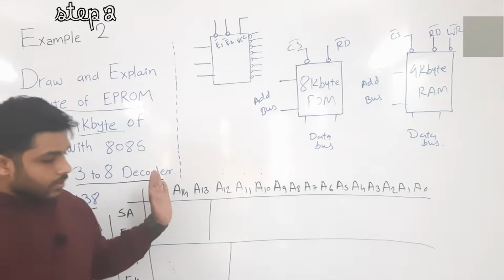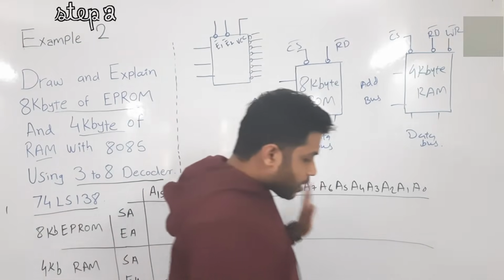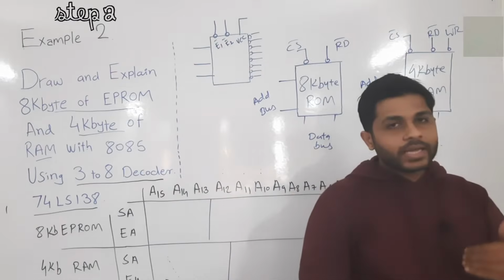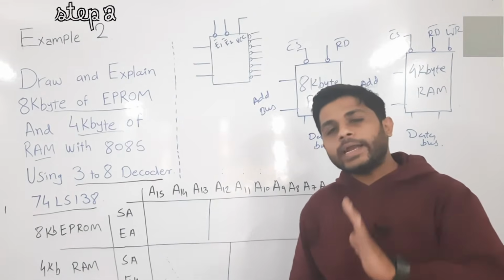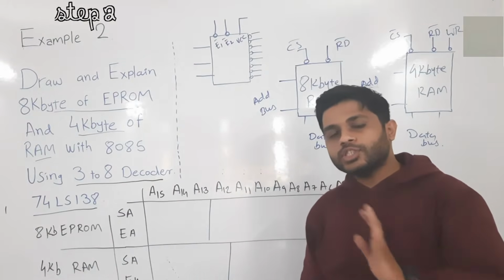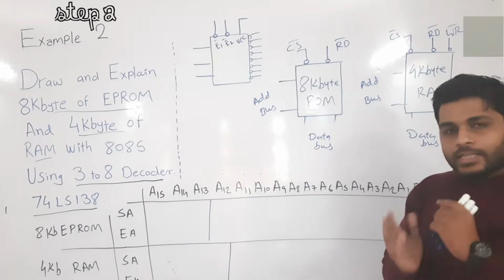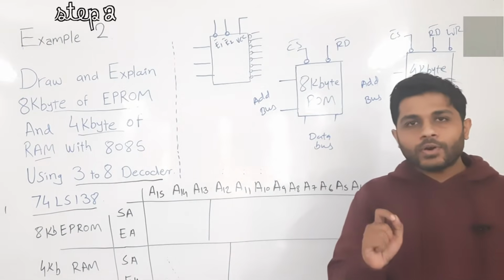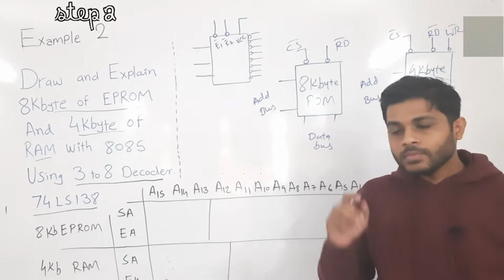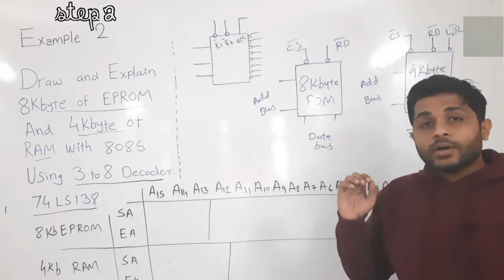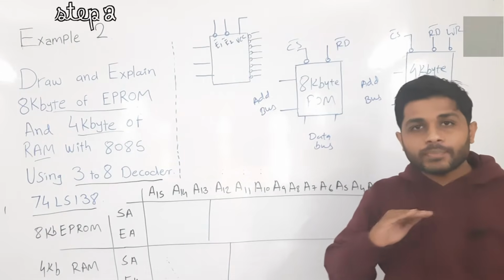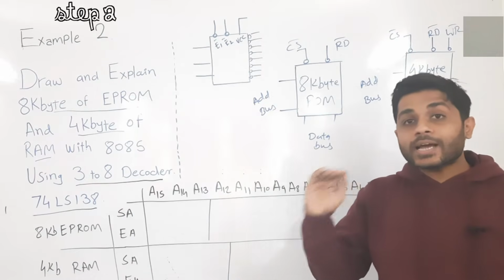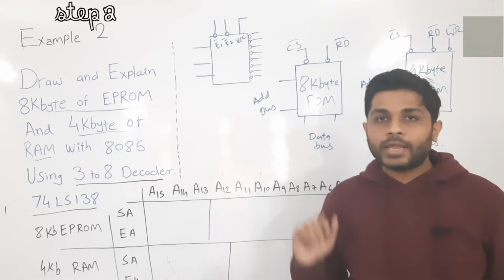After finding the address lines required for a particular chip, we can easily find the starting and the ending address of that chip. To find them, we are going to follow one trick. The trick is, to find the starting address, we set all the bits connected to the memory to 0.